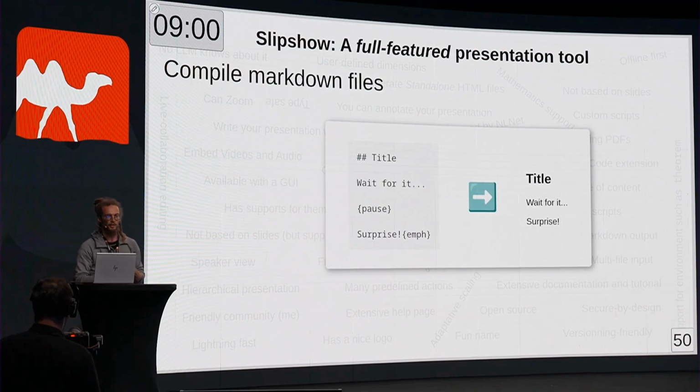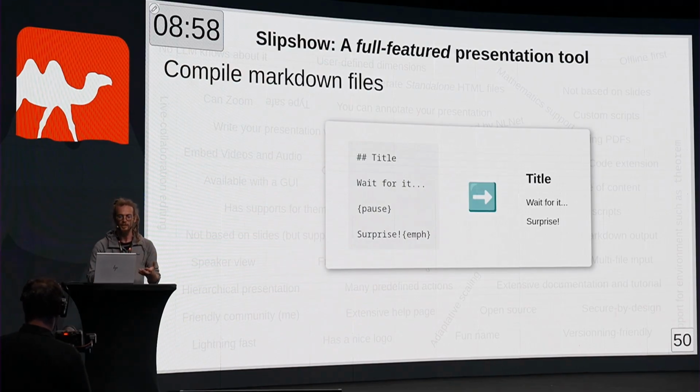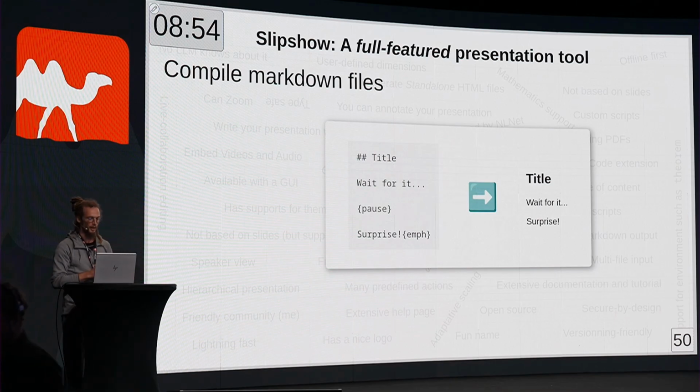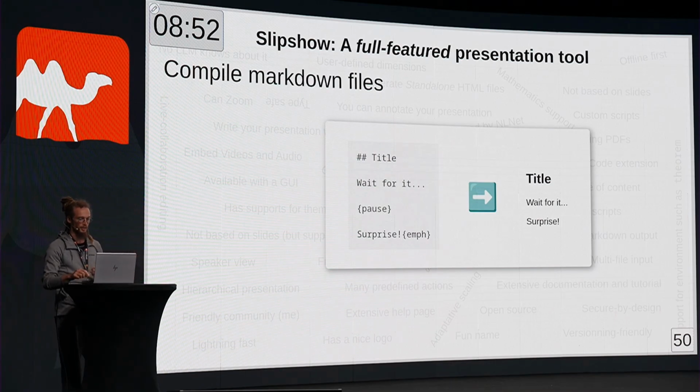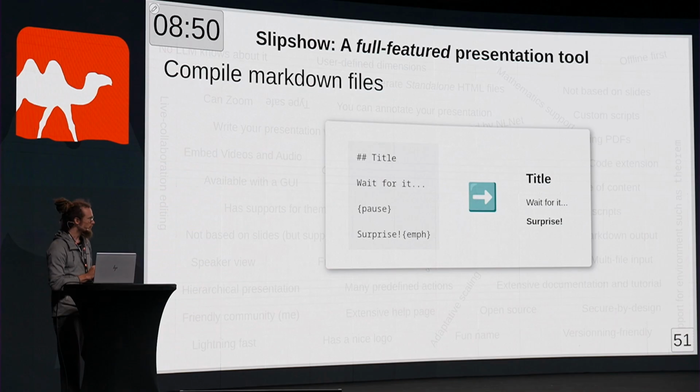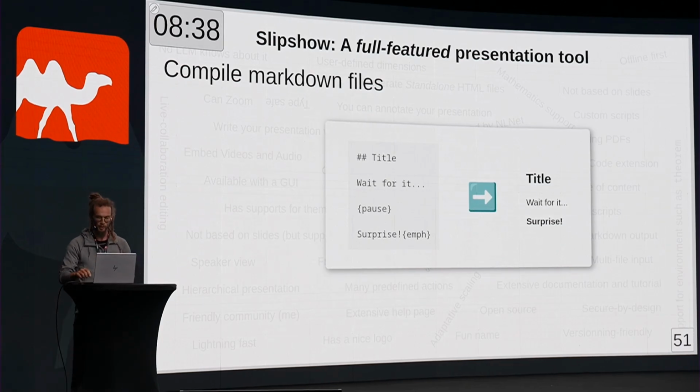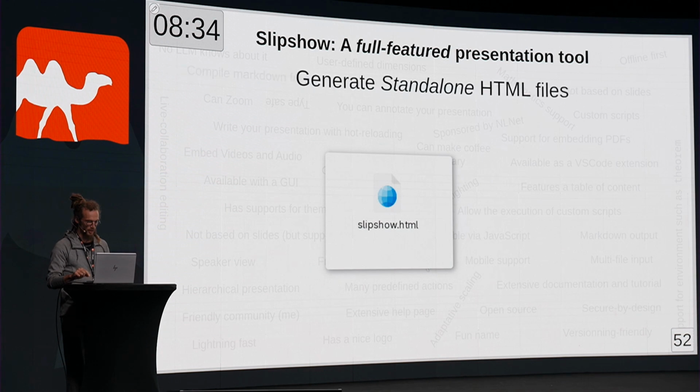So when it is activated, that is, the next time I hit the right arrow, it will act on the thing that it's attached to and emphasize it. And that's all there is in Slipshow: a linear document and a linear set of actions, and each action will be executed one by one. So I hope I will be faster for the next ones.